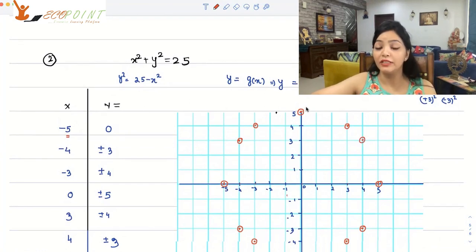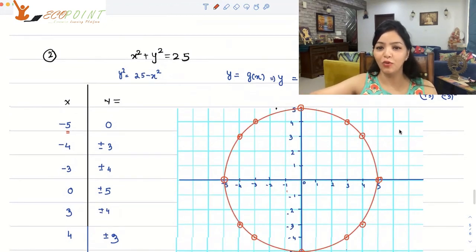Now, if you try to join it, what will this shape look like? When you join all these points, what shape do you get? You get a circular shape. It's not linear anymore. It's not a straight line. It's a circular shape. x squared plus y squared represents a circle with center 0, 0 and radius 5, as you can see here in this graph.